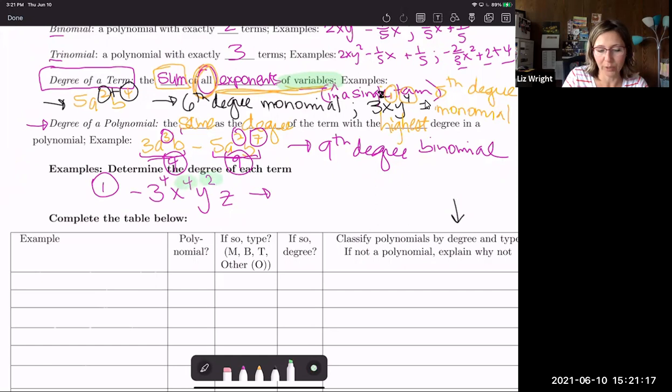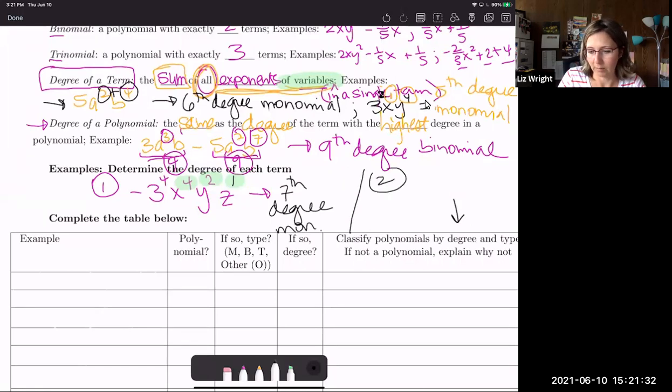So we've got 4, 2, and then this implied 1. So 4, 5, 6, 7. So that's a 7th degree monomial. And then we're going to do one more because it's kind of a special case. Let's try -15. So we've got a constant term, -15.